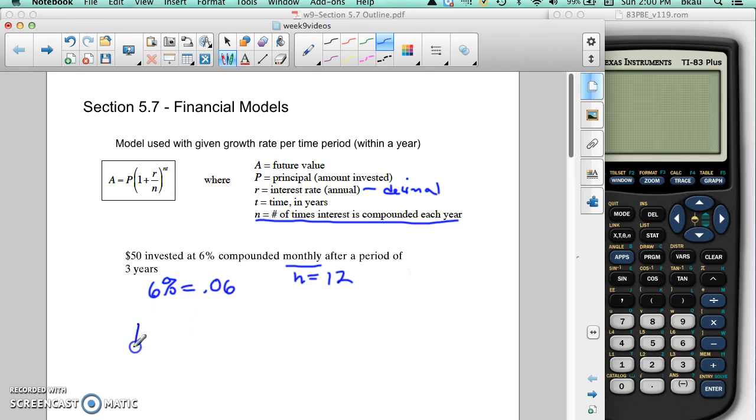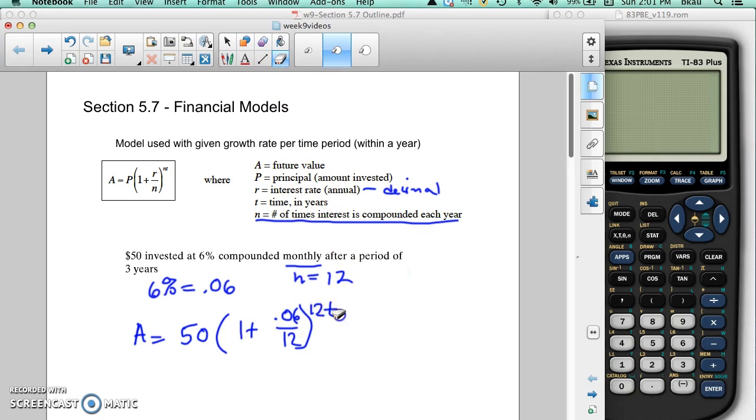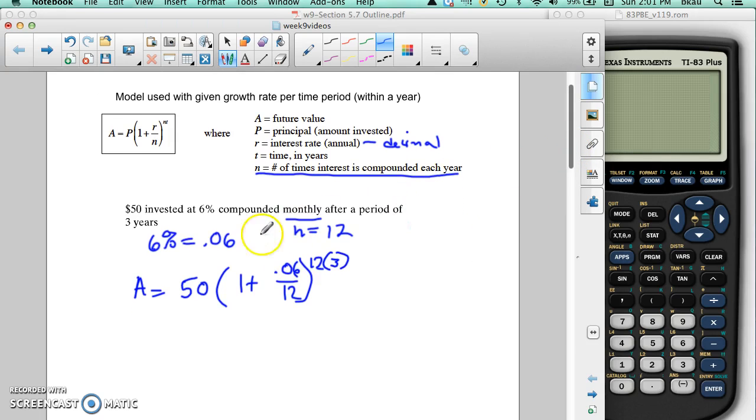So we would have A equals 50 times 1 plus 0.06 divided by 12, and our power would be 12 times t, and t is actually 3, so it would be 12 times 3 in this case, because we do know the number of years. So we can figure out how much is in the account, the future value, after 3 years using this formula.